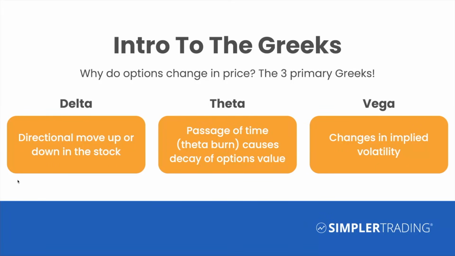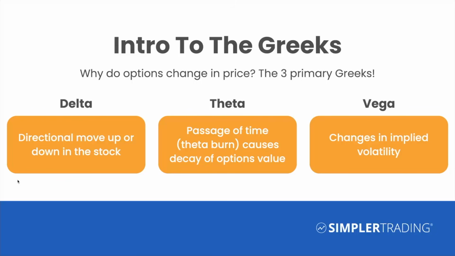So why do options change in price? The three primary Greeks: Delta refers to the directional movement up or down in the stock. The higher the delta, the more that the option price will change based on a $1 move in the underlying stock. Theta refers to the passage of time, which causes the decay of option values.